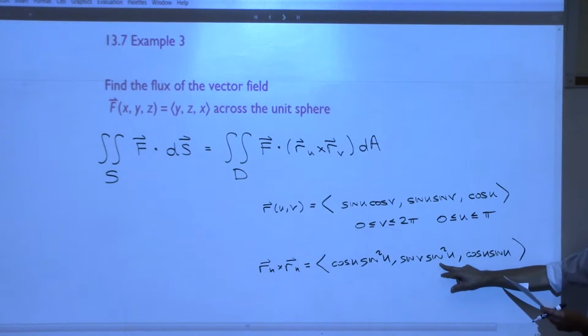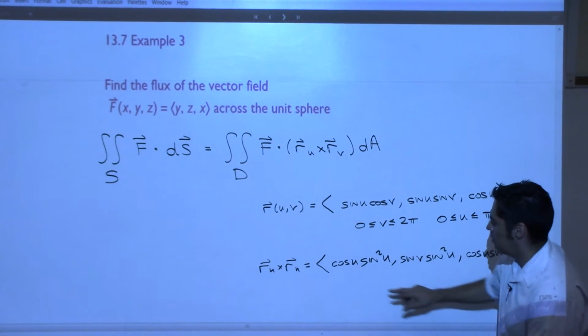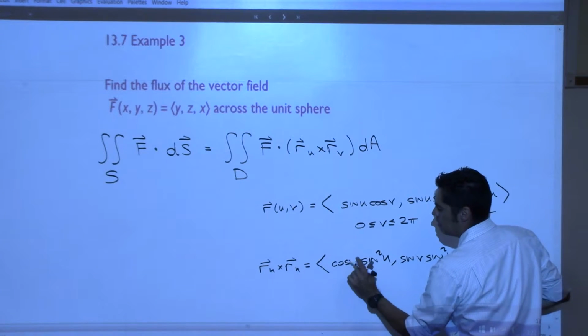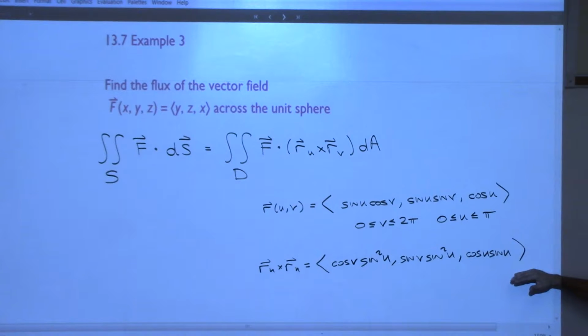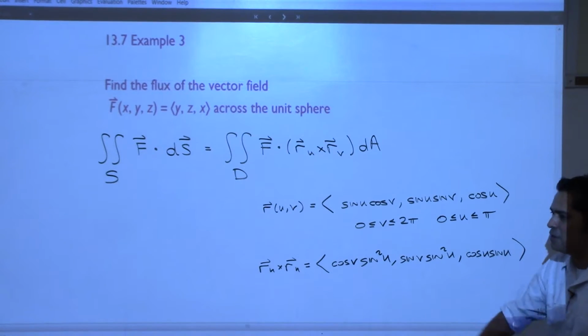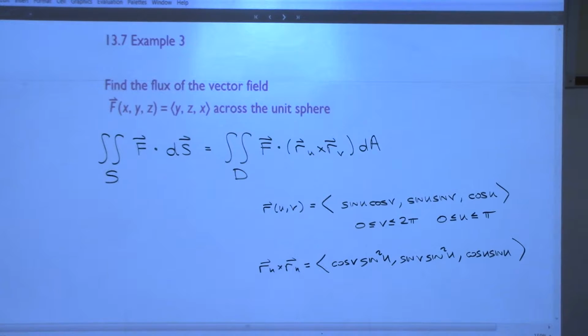I think it is cosine V. Yeah. Is that good? Okay, that's it. I hope that's good. We're not going to work that out; we already did it. It's in your notes, right? It will be wrong if it's not right.